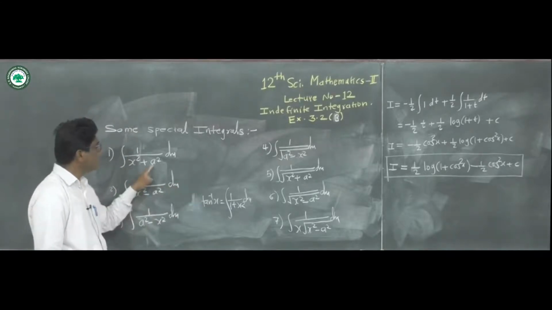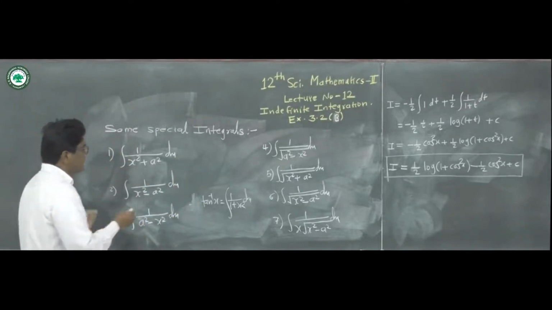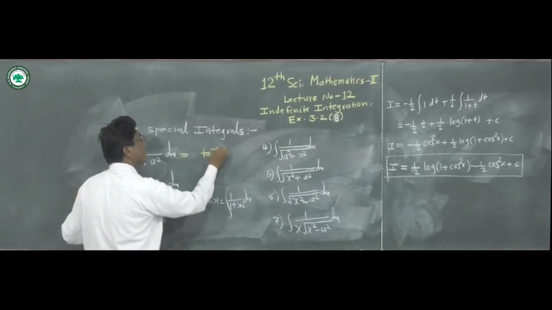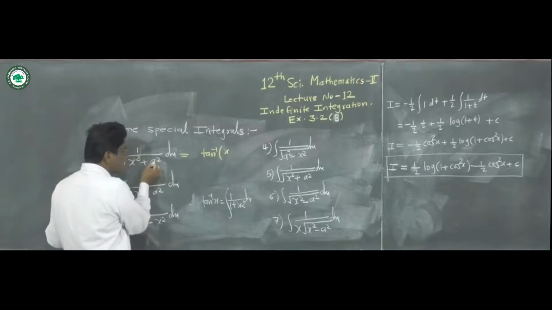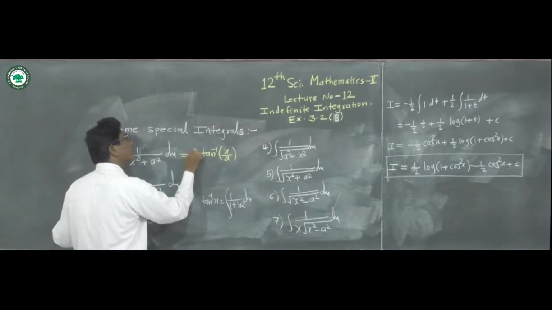Instead of 1, here a square, and so the formula is tan inverse of x upon a, and into 1 upon a.